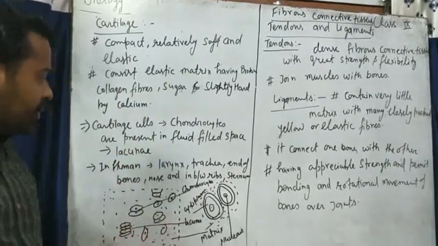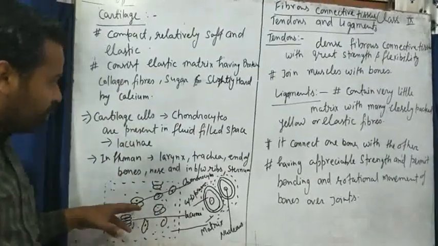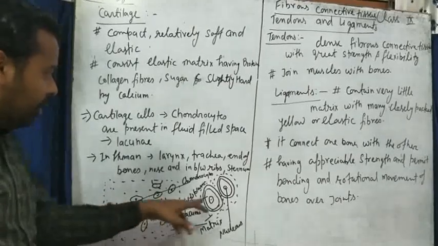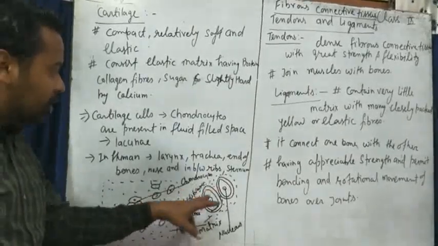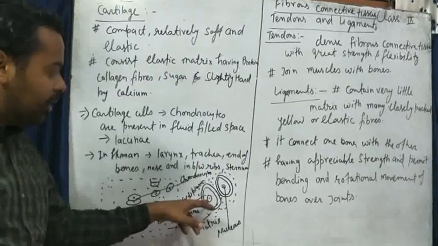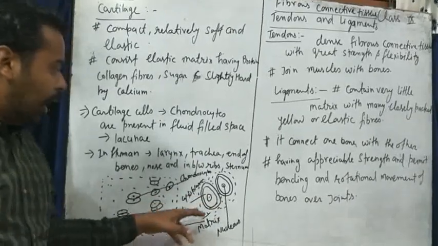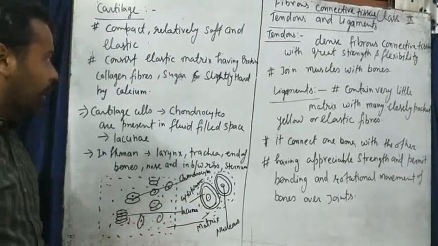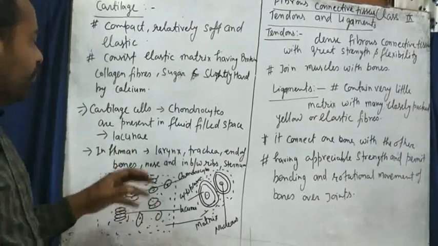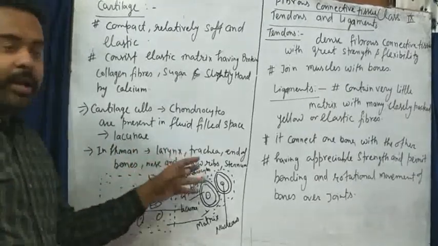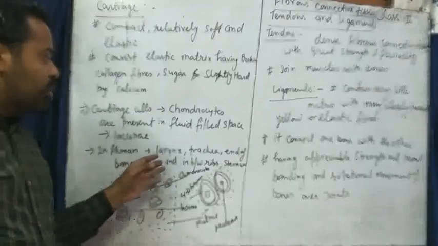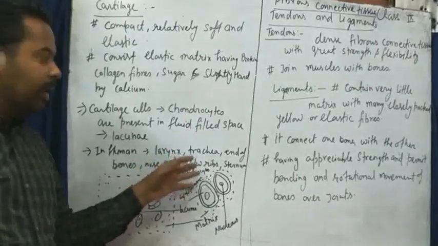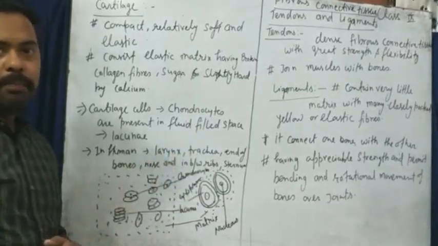The structures are present there. In a single chondrocyte structure, here you can see cytoplasm, nucleus, and matrix. In humans, cartilage is present in the larynx, trachea, end of bone, nose, and in between ribs and sternum.